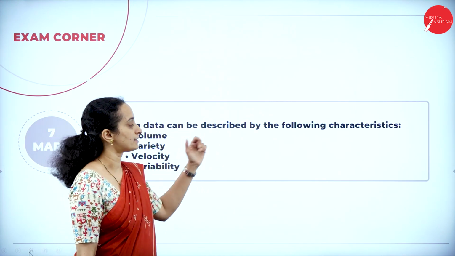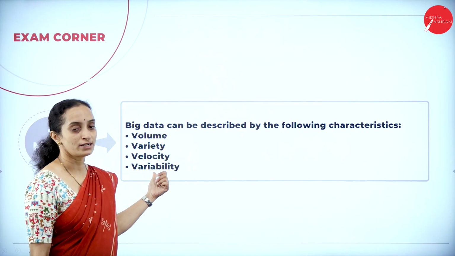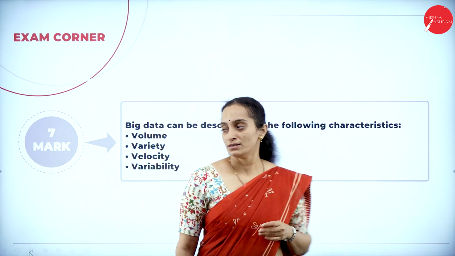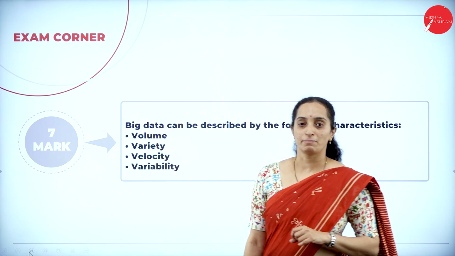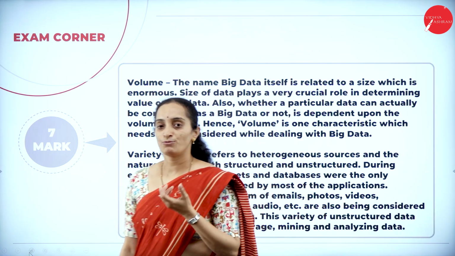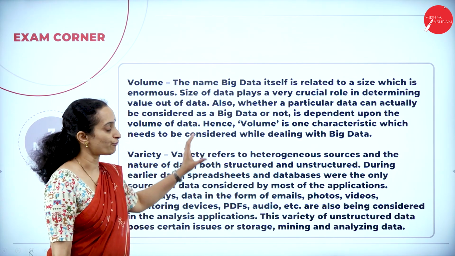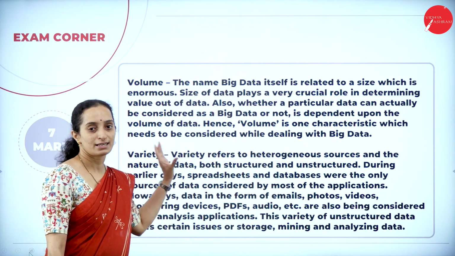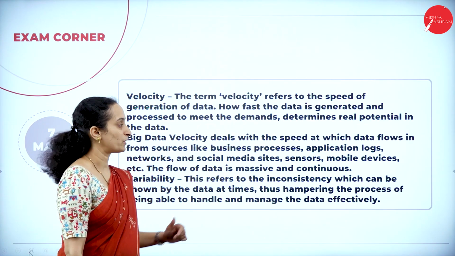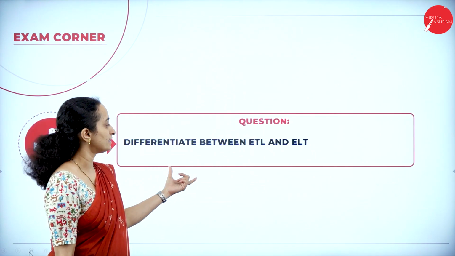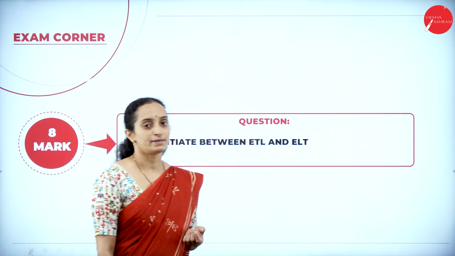Big data can be described with 4 points, that is volume, variety, velocity, and variability. You can add a few more explanations for each of the V's, the components of big data. Like this, you can add the explanation.